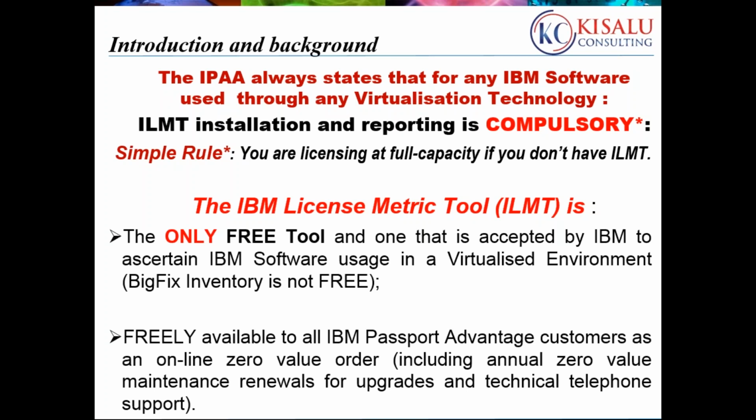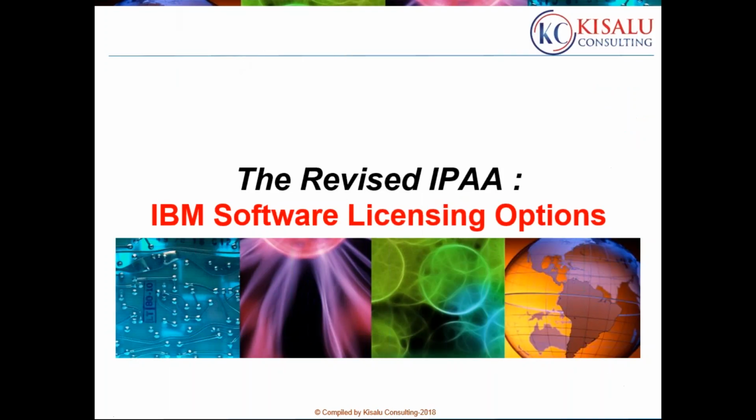ILMT is freely available to all IBM Passport Advantage customers. You don't pay for it. It is free, but you need to order it. It's a zero value order so that you can receive renewals, upgrades, and technical support. That's why they need you to order it and register it among the software that you're entitled to as a customer.